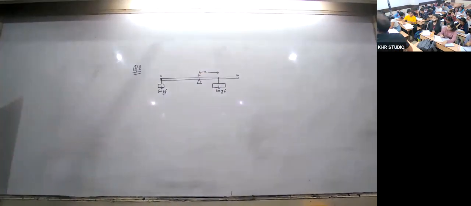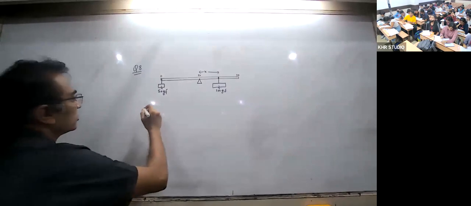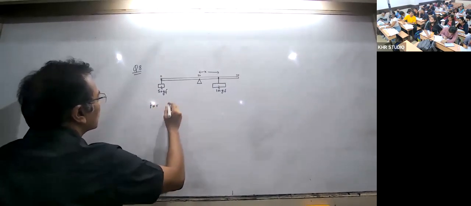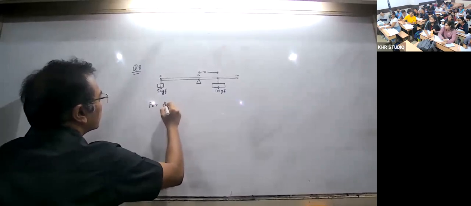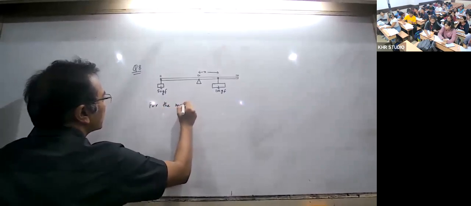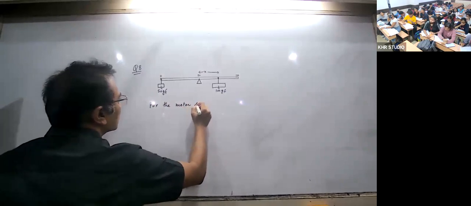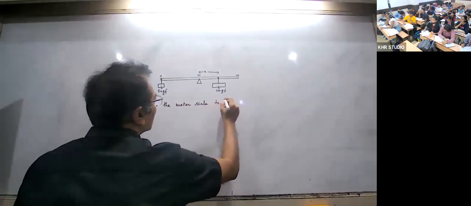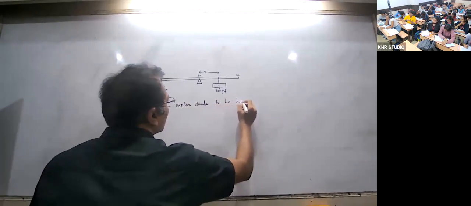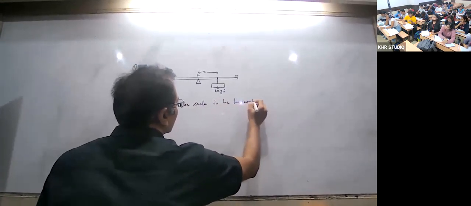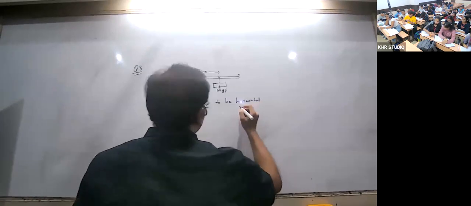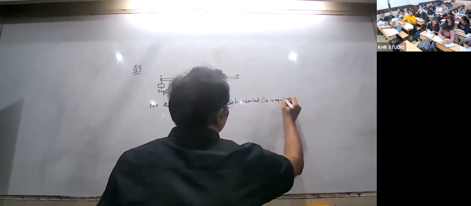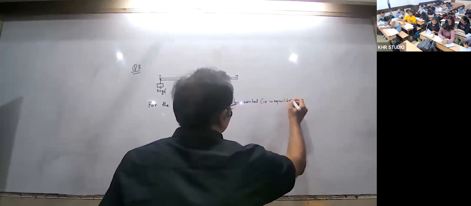For the meter scale to be horizontal, that is in equilibrium. Horizontal means equilibrium.